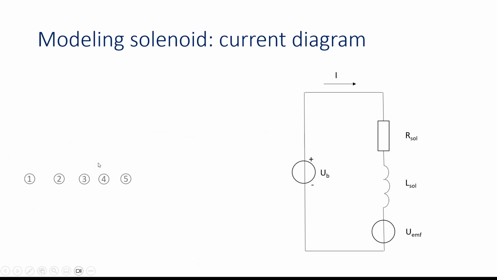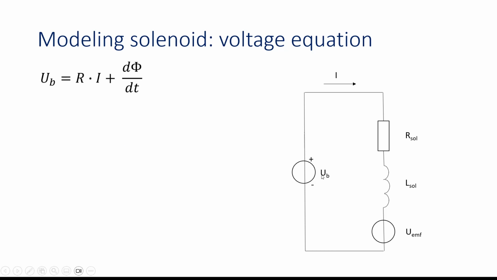All right. Now let's look at a number of equations which are necessary to get a model of that solenoid. First of all, we start with the voltage equation for the solenoid. That voltage equation says that the applied voltage UB is equal to R times I, where R is the solenoid resistance, plus the derivative of the flux with respect to time.